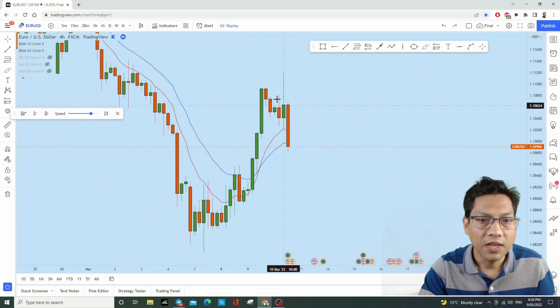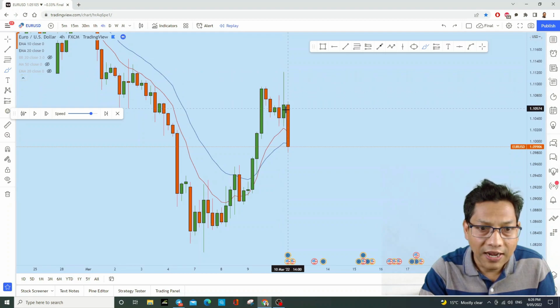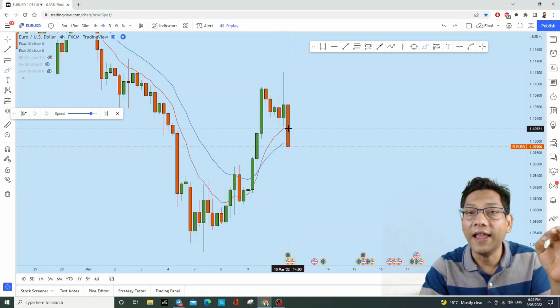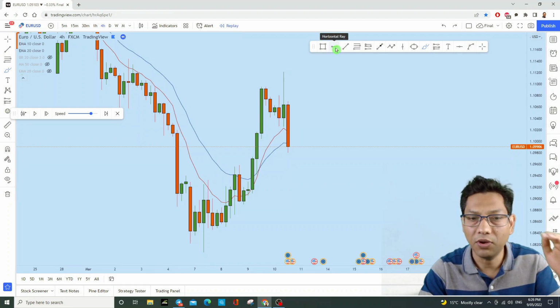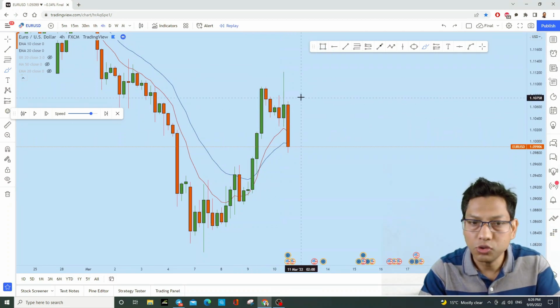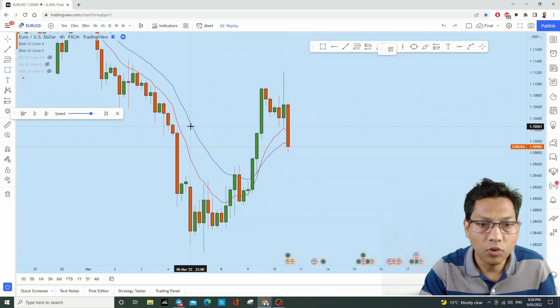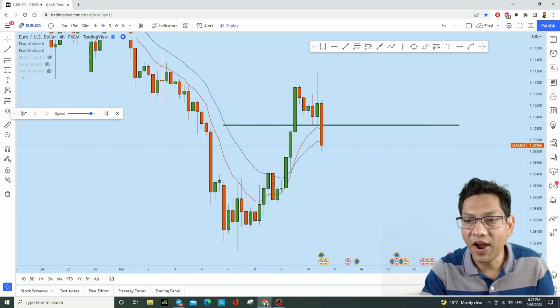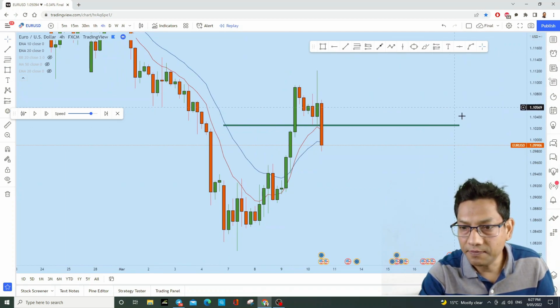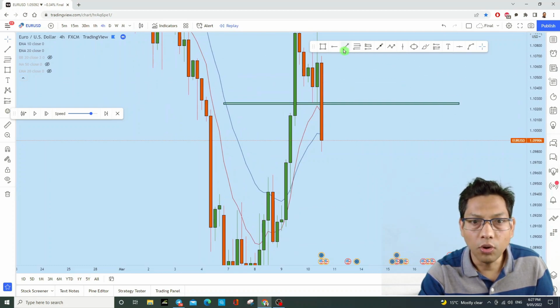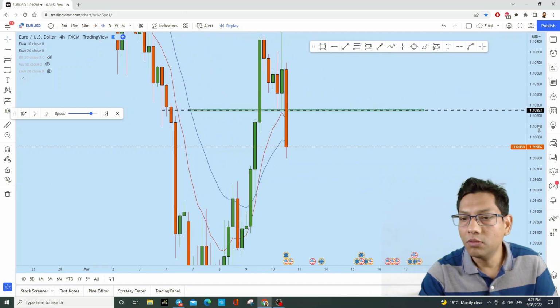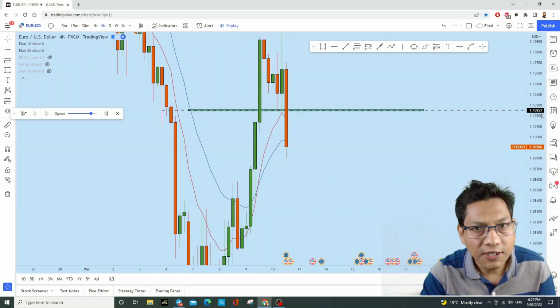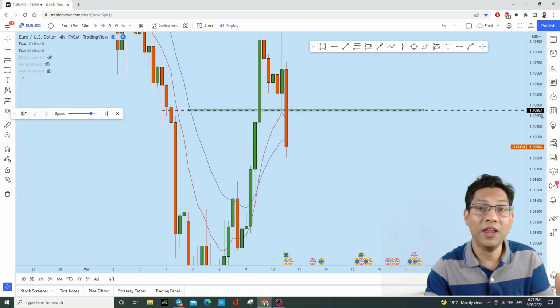What do you see? See this long green candle, this is where the area of value is. For this one, let's say you saw the double top, so you will sell the market, you have to first of all identify the area of value. Once you identified the area of value, let's say you exactly placed a line, and then you placed your pending order at 1.10253, then still you may not be triggered.